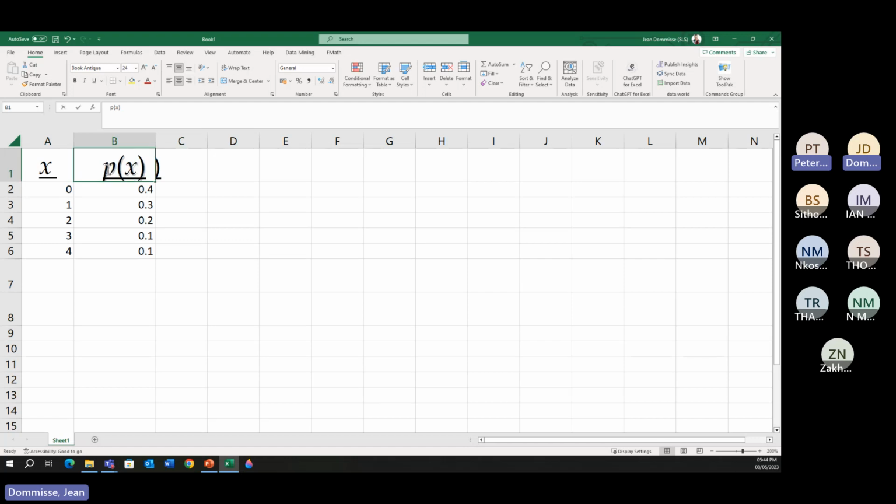We're looking at the probability for x equal to 0 is 0.4, then 0.3, then 0.2, 0.1, 0.1.